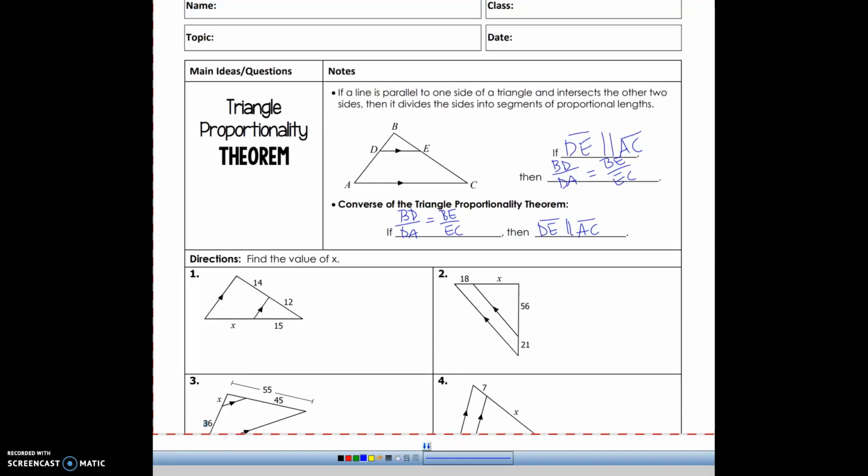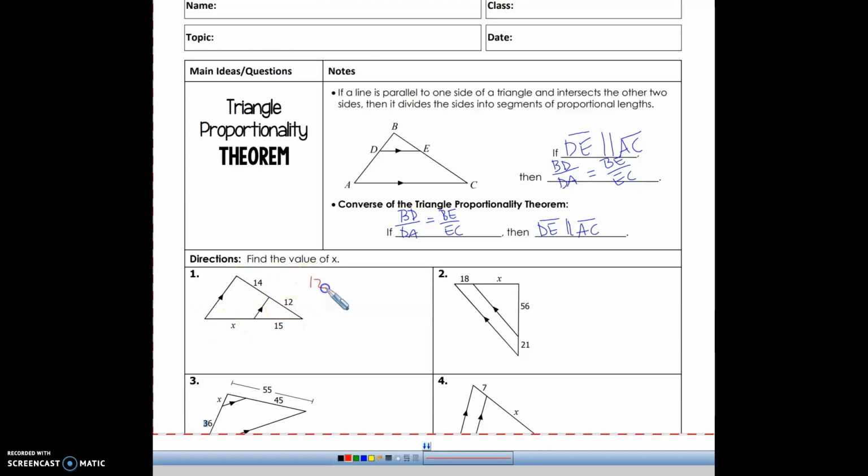Number one, find the value of X. So if we look in this triangle, we have two lines that are parallel, and this parallel line intersects the two sides of the triangle. Therefore, I can take each section, and these sections are proportional to each other.